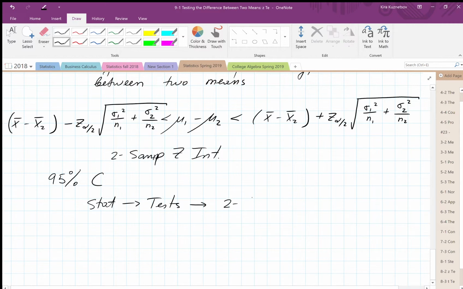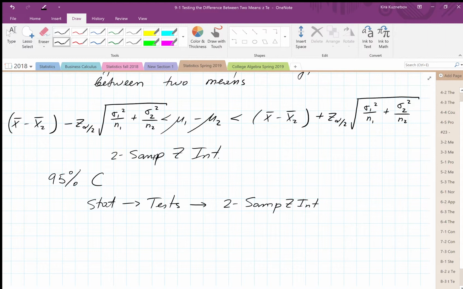It should be number 9 if you have the same calculator as I do. 2 sample z interval. Then you have a choice between data or stats. You're going to choose stats. And in order for me to type in all of the statistics, I need to go back to that example and outline all of the necessary statistics.